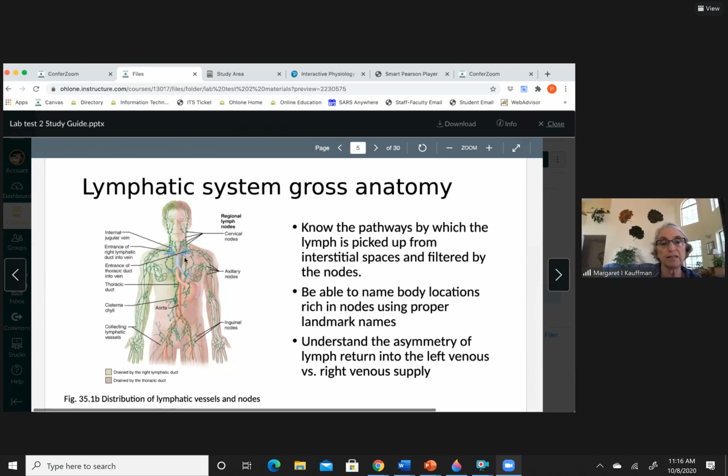Why that is probably has to do with a structure we're going to look at in the models right here called the cisternae chyli. I know it's an awkward name, but that's what they called it here.